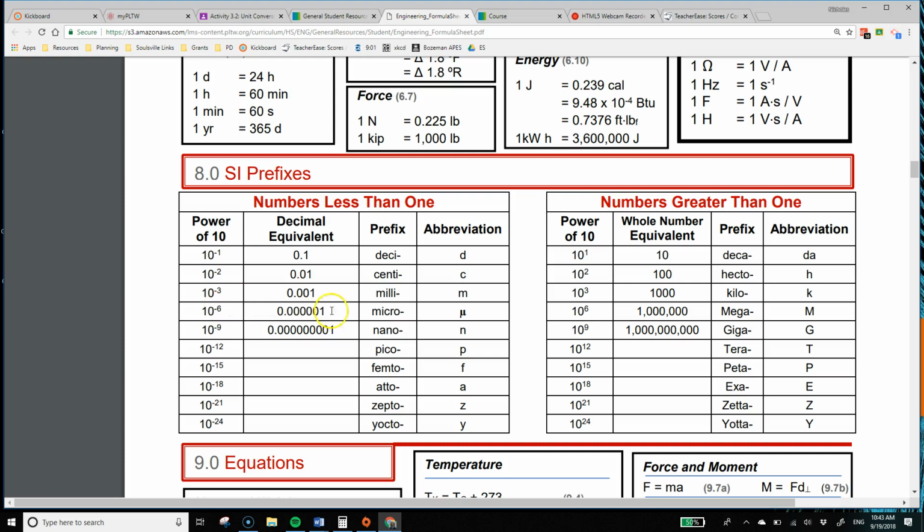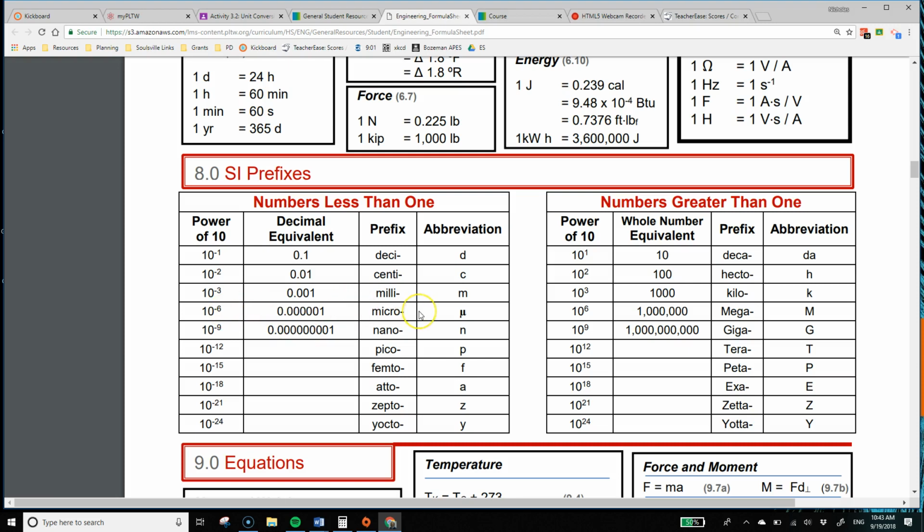So if I have the prefix, it's just 1. If I don't have the prefix, it's 10 to the minus 6. So what this is telling me is that, we'll use seconds as the example, 1 microsecond equals 10 to the minus 6 seconds. And so it's saying that micro means 10 to the minus 6.